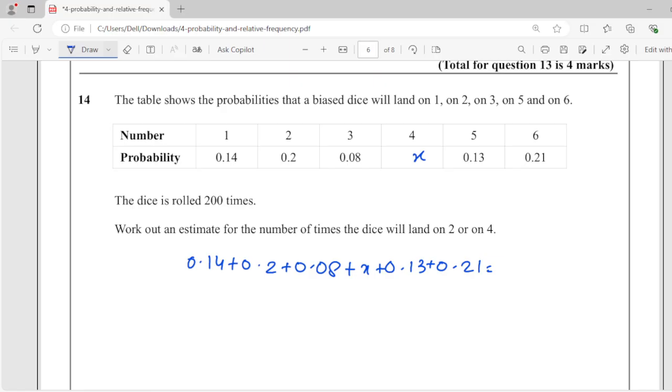If we add all of them, it's 0.76 plus x equals 1. X is 1 take away 0.76, which is 0.24.